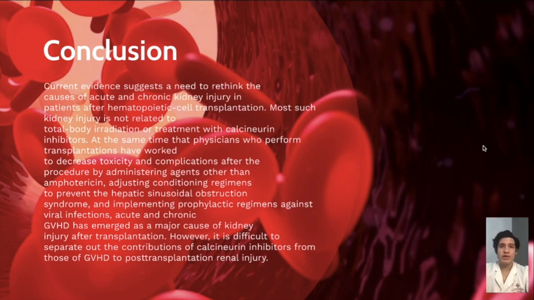At the same time that physicians who perform transplantations have worked to decrease toxicity and complications after the procedure by administering agents other than amphotericin, adjusting conditioning regimens to prevent the hepatic sinusoidal obstruction syndrome, and implementing prophylactic regimens against viral infections, acute and chronic GVHD has emerged as a major cause of kidney injury after transplantation. However, it is difficult to separate out the contributions of calcineurin inhibitors from those of GVHD to post-transplantation renal injury.